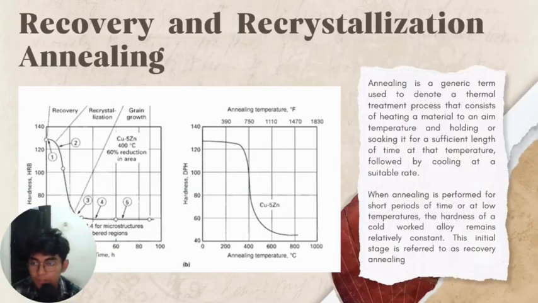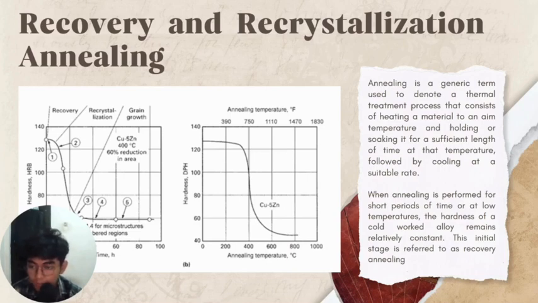Okay, let's begin the presentation. The first one is recovery and recrystallization annealing. So, annealing is a generic term used to denote a thermal treatment process that consists of heating the material to an end temperature and holding or soaking it for a sufficient length of time at that temperature, followed by cooling at a suitable rate.